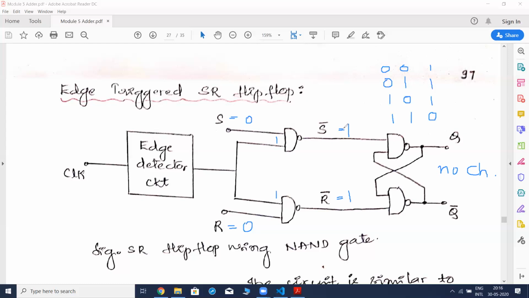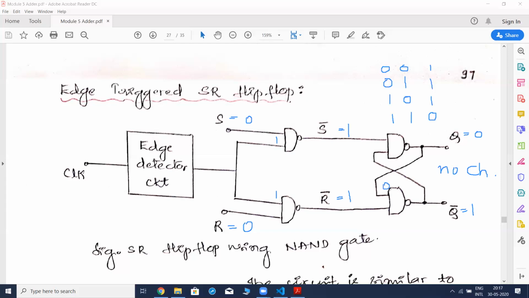How it is the no change state: here we need to start our analysis from 0. We don't have 0 over here. First, let us assume Q as 0 and Q bar as 1, because according to our concept, the outputs should be the complement of each other. So we are assuming Q as 0. Now that 0 we are taking over here.